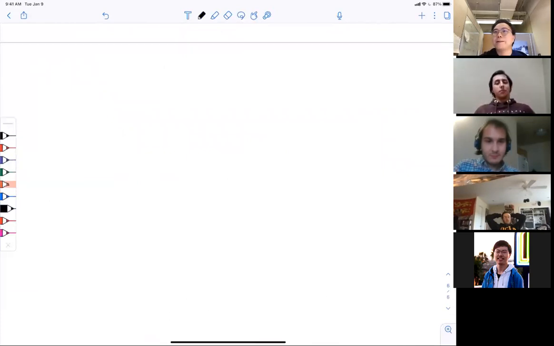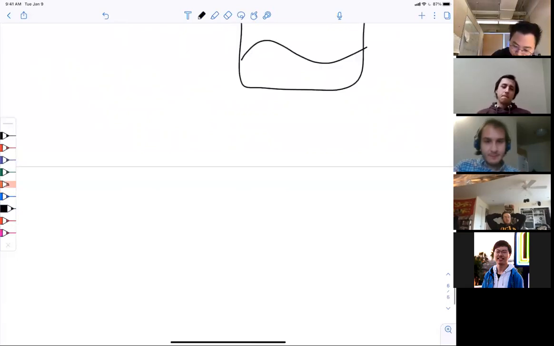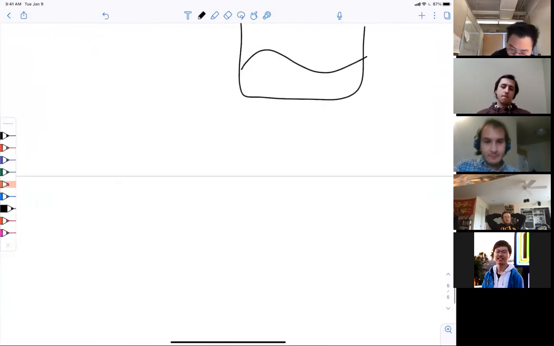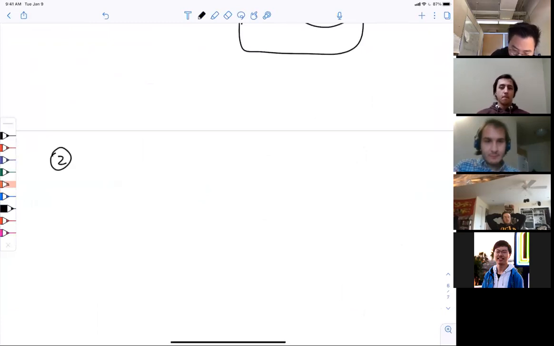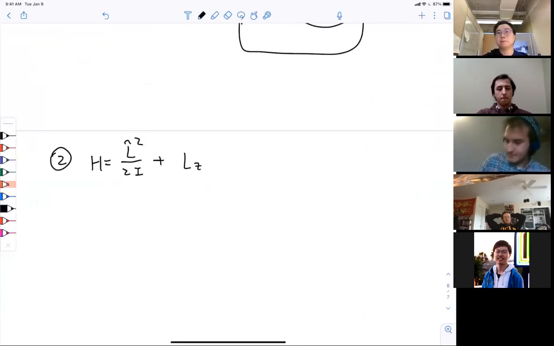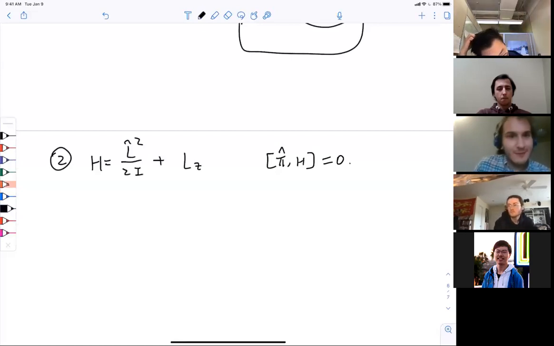Okay, so this is one example. This was in real space. Another example is related to the spin algebra. Parity is also a symmetry in this problem, right?